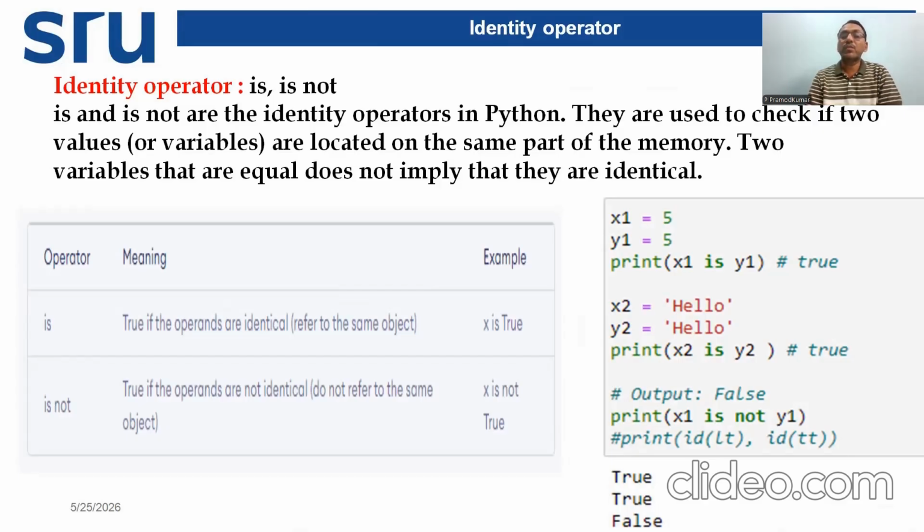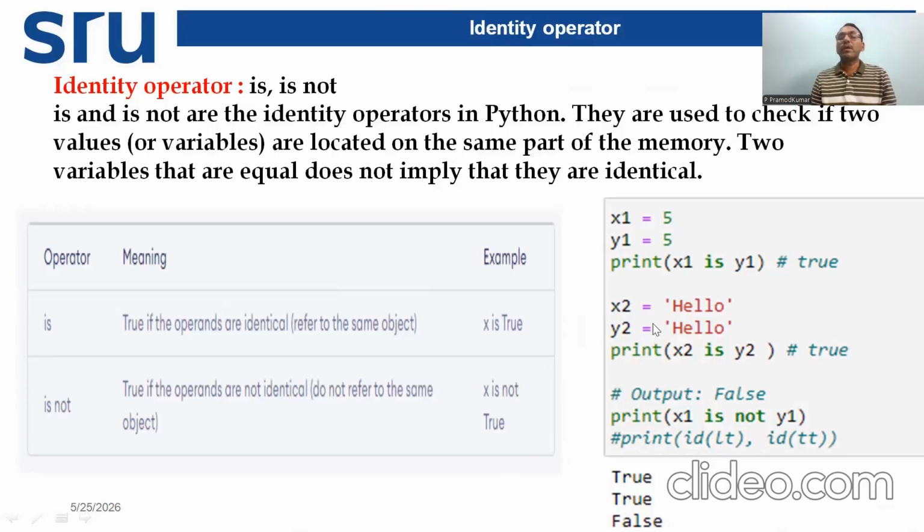When you say x1 equals 5, x1 will point to a location where 5 is present. When you say y1 equals 5, y1 is also referring to the same memory location. So as x1 and y1 both are referring to the same location where 5 is stored, both are identical. When I ask whether x1 is identical to y1 or not, it gives the result as true.